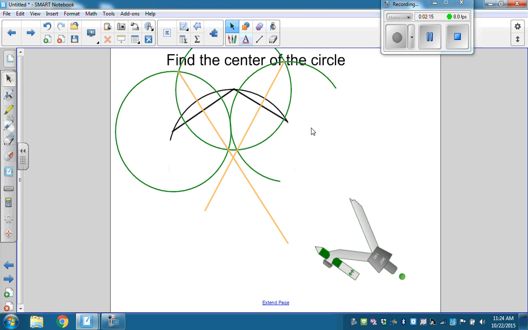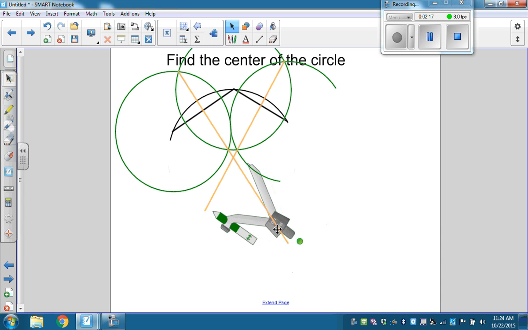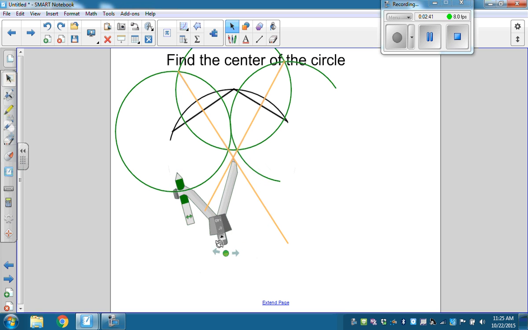And then I'm going to take my compass and, I knew I didn't have it there, I'm going to put my compass there and then open it to the arc and see if I can trace over the circle.